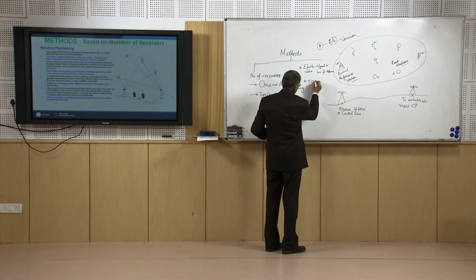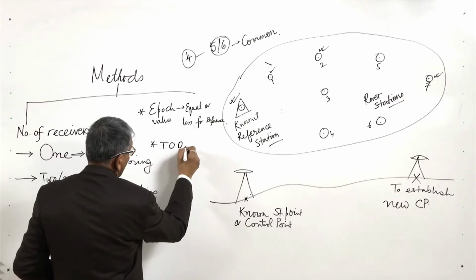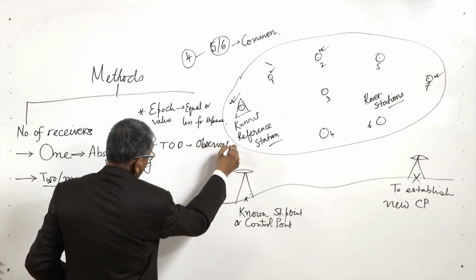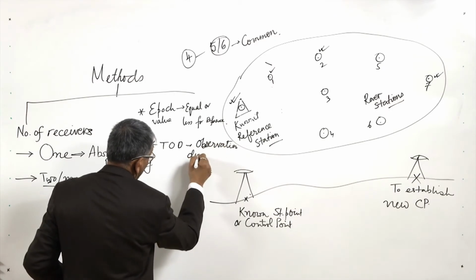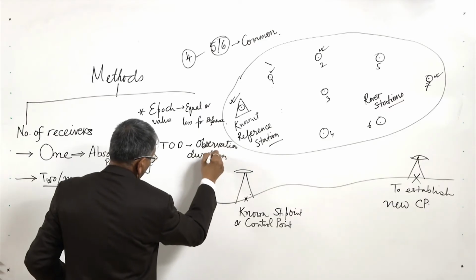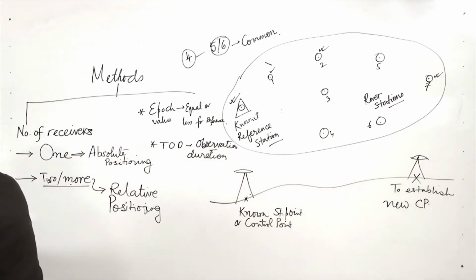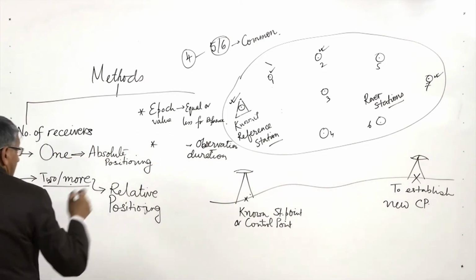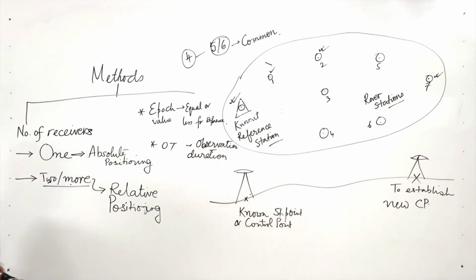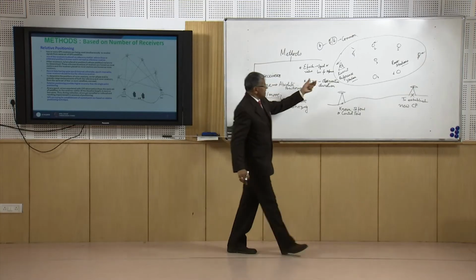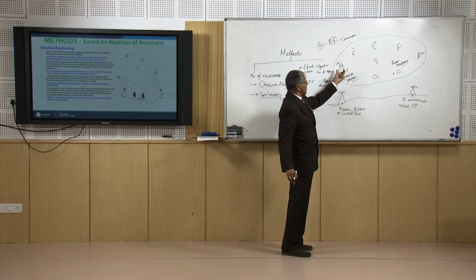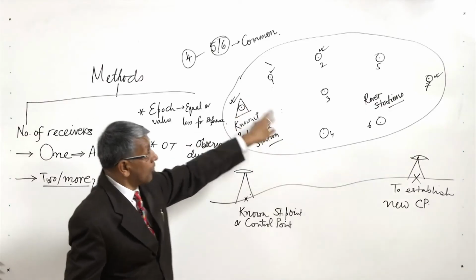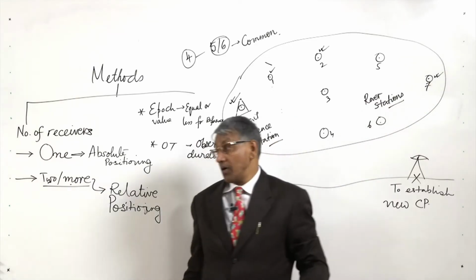Another important thing is the time of observation, the observation time or observation duration. The duration of GPS observation in the case of the reference should be more than that of the rover station.